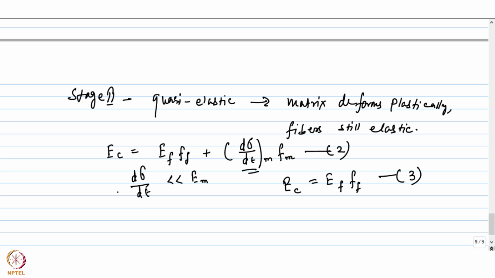The composite will respond as a quasi-elastic material when loaded. Now in stage 3, when you increase the load further, both the phases, both matrix and the fibers, can deform plastically.